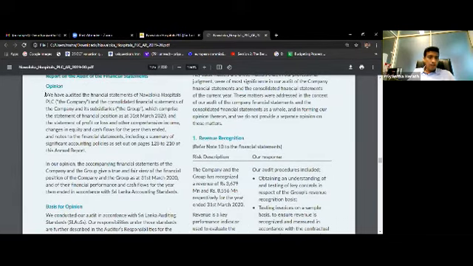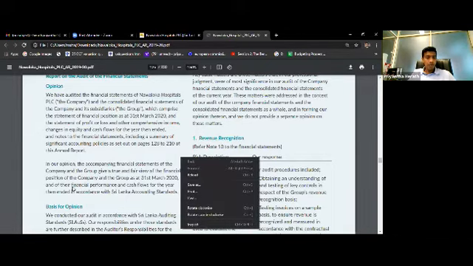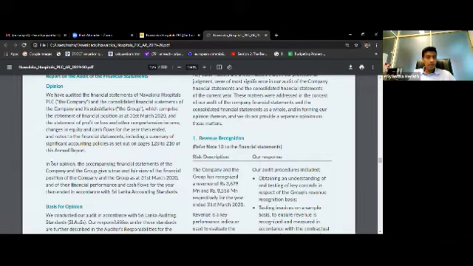They say the group gives a true and fair view of the financial position, right? Balance sheet. When you say financial position, balance sheet, and the group as of 31st March and their financial performance, right? Income statement, profitability. So they say financial position is accurate and financial performance is accurate and the cash flows for the year then ended, right?